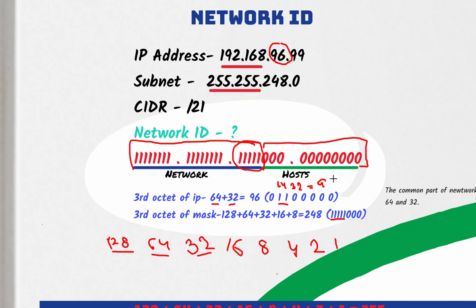So it is 96, right? So the network ID would be 192.168.96.0 and our prefix is 21. Okay, so it's cool, right?